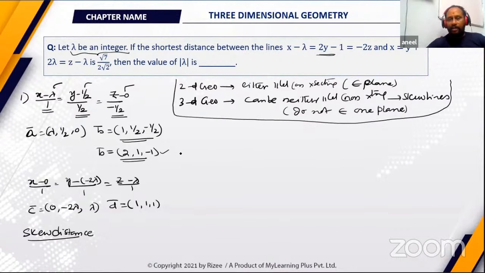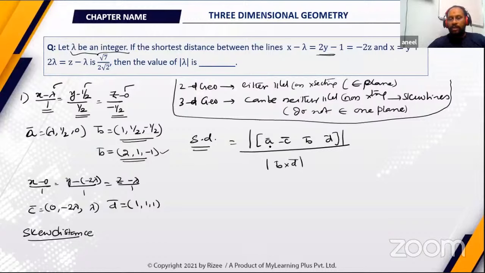The distance between skew lines is always better done in the vector algebra format, where it looks like this: the modulus of the scalar triple product (a bar minus c bar, b bar, d bar) divided by mod of b bar cross d bar. First I have to find the numerator determinant. From this, you can see a bar and c bar.